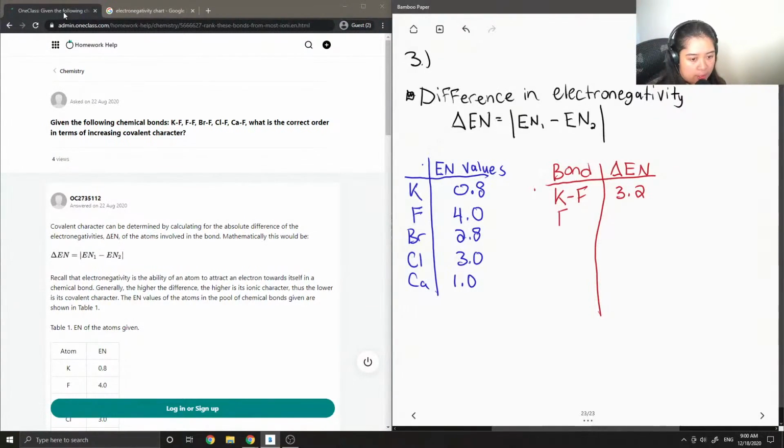Next is just a fluorine-fluorine bond. Since they are the same atom, they would just have a delta En value of 0. Next is a bromine-fluorine bond. So it's just 4 minus 2.8, so it's just 1.2.